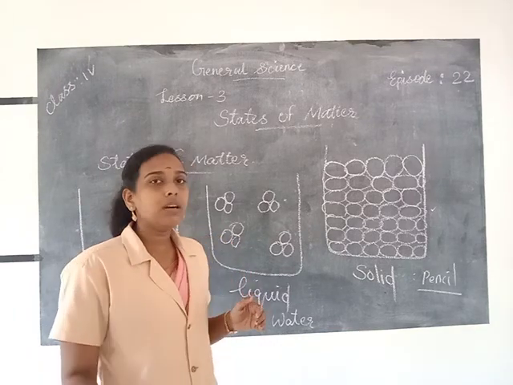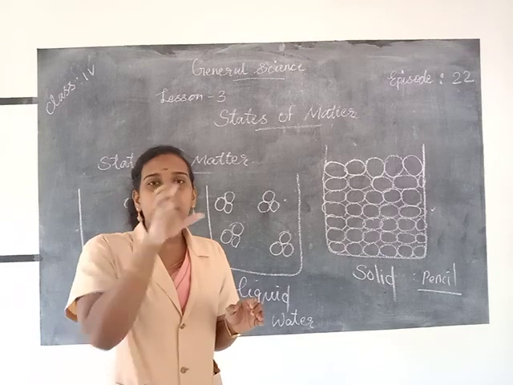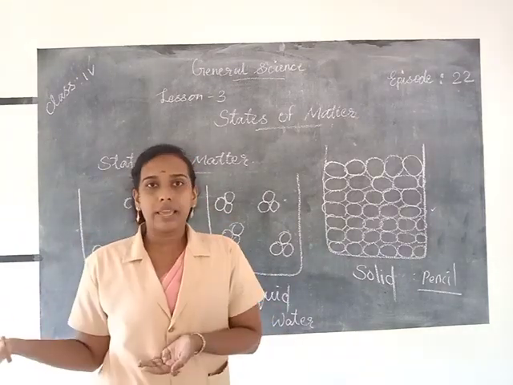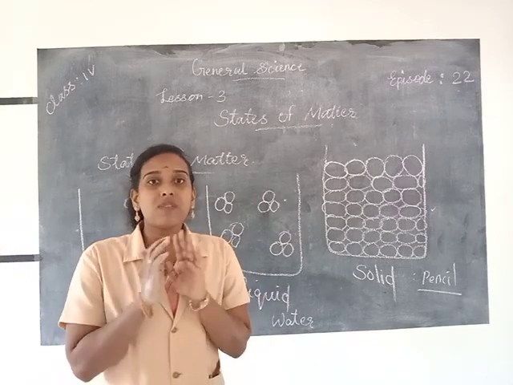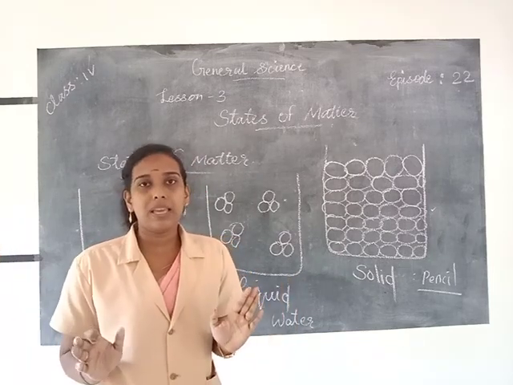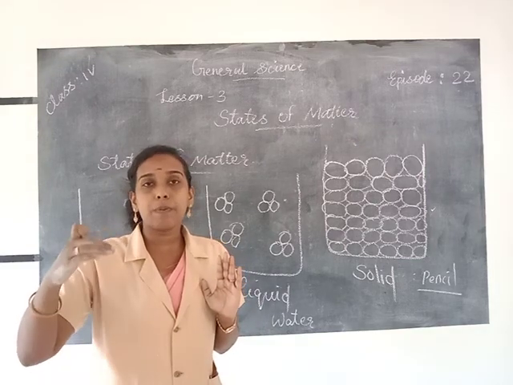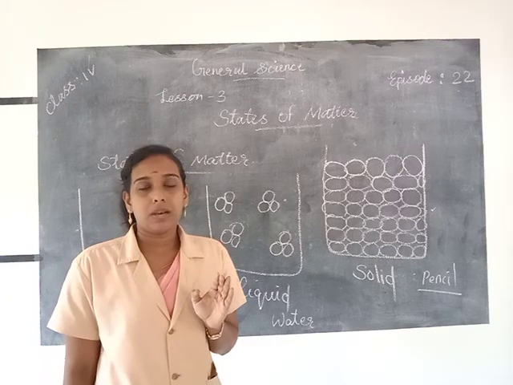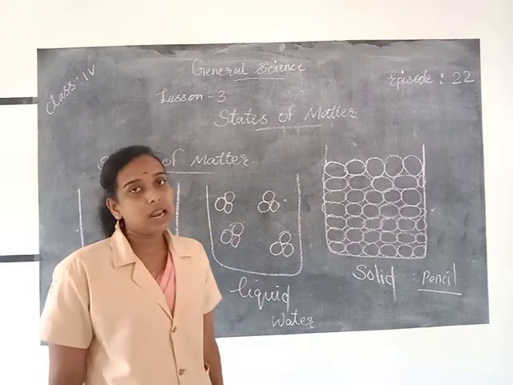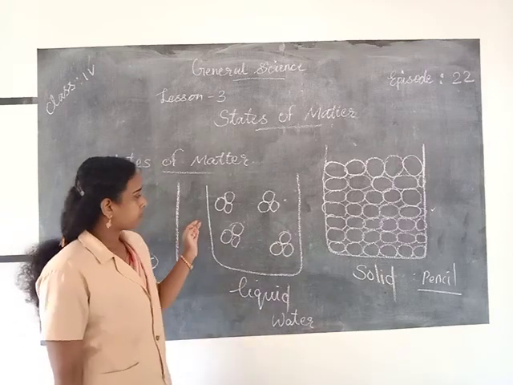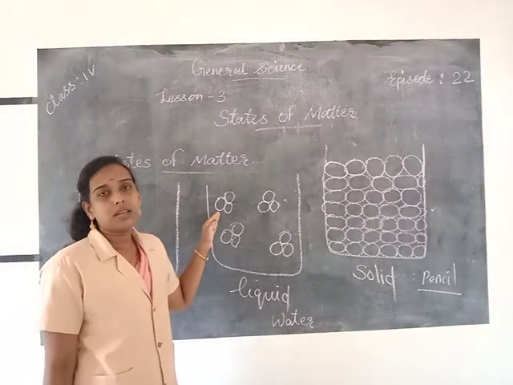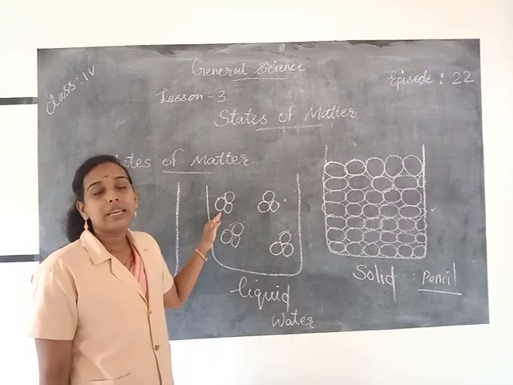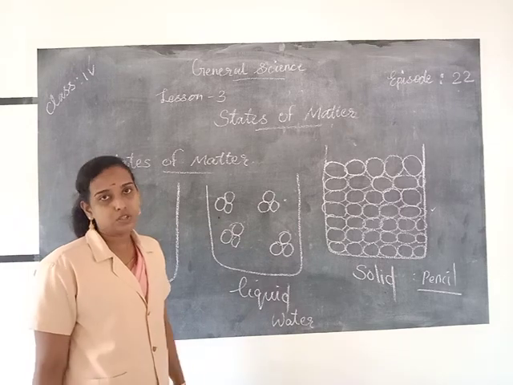If you take some water in your bottle, then the water takes the shape of the bottle. If you take the water to another container, it takes the shape of that container because water has no fixed shape. But it has fixed volume, which means liquids have definite volume but no fixed shape.